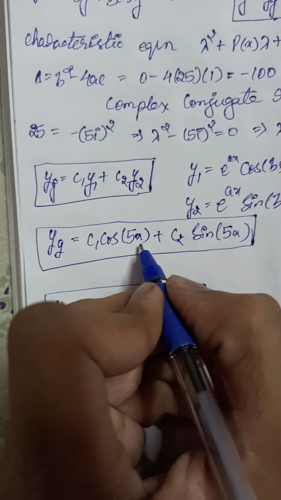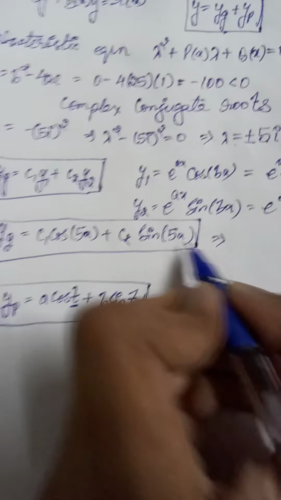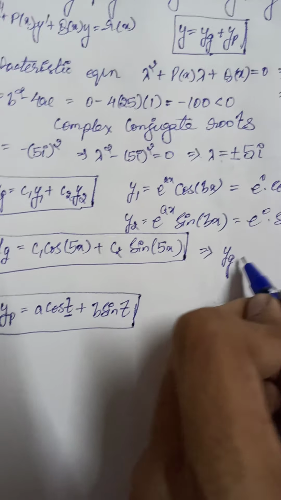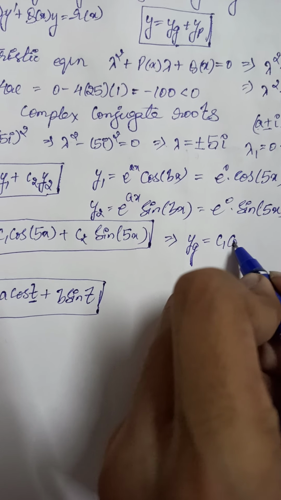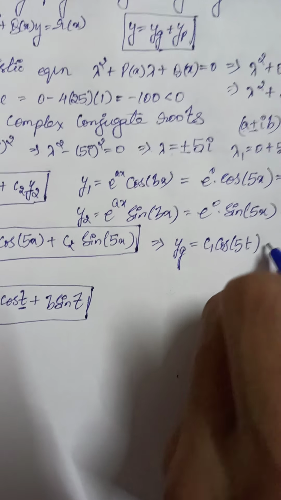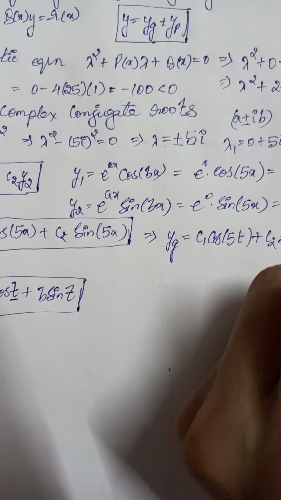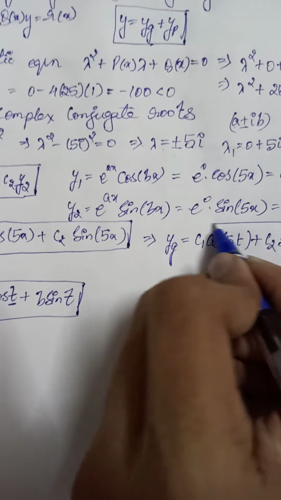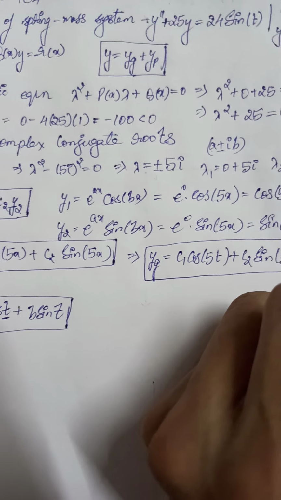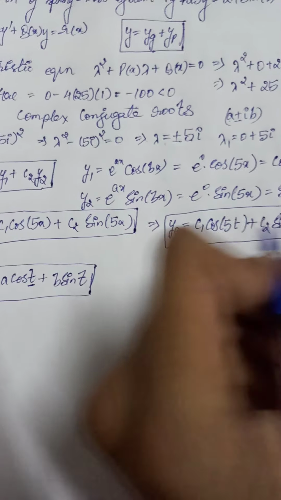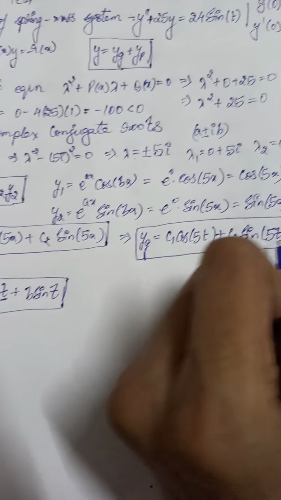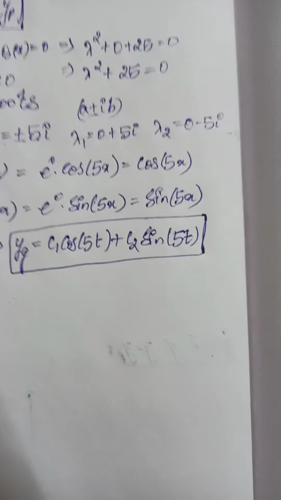Here we have taken x, so we could actually write the general solution yg as c1 cos 5t plus c2 sin 5t, as in our context of the motion of a mass spring system, it will be convenient to represent the variable as t.